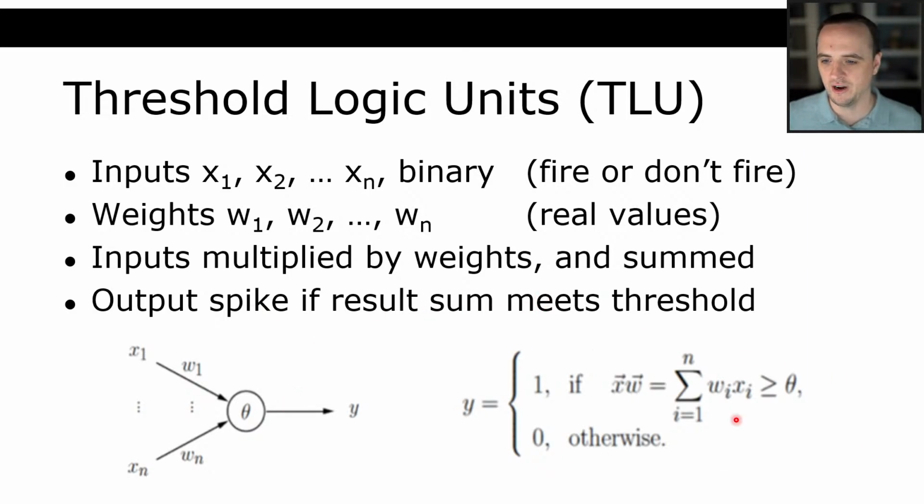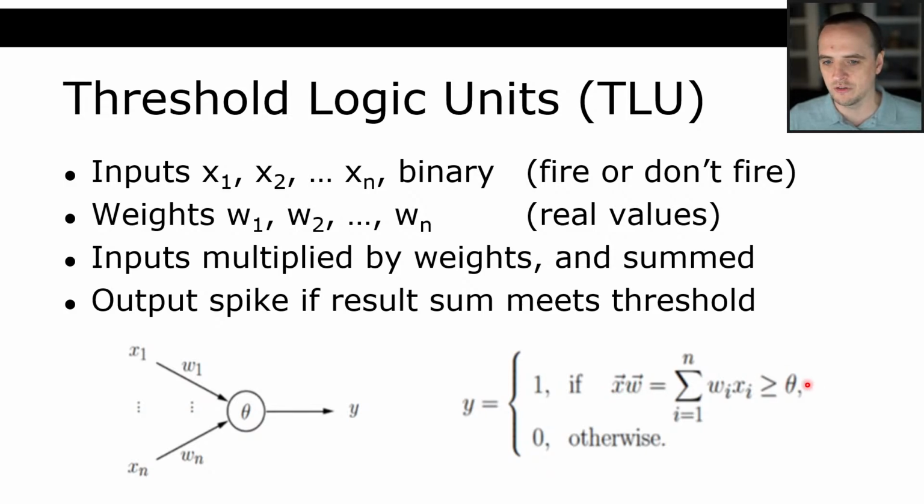Okay, so this over here, in terms of mathematics, is what's happened. We have the sum of wi times xi, and if that is greater than the threshold theta, then the output of this TLU is 1. Otherwise, it's 0. That's it. And so if you sum the multiplication of all the elements of two vectors, that's called a dot product. So here we just compute the dot product, which is x times w.